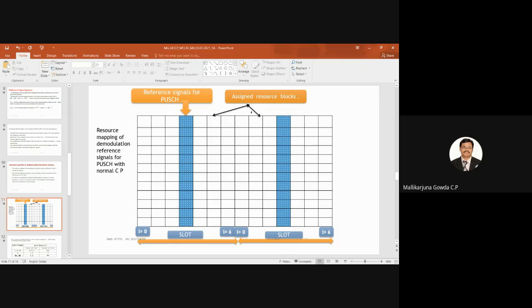That is why it is written here as assigned resource blocks. In that, the fourth OFDM symbol will be assigned for the reference signals for the PUSCH. Hope you have understood this point. In one particular slot, every fourth OFDM symbol will be assigned for this reference signal for the PUSCH.